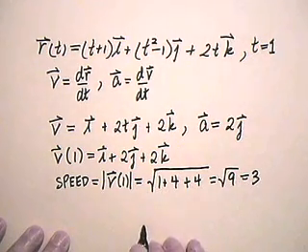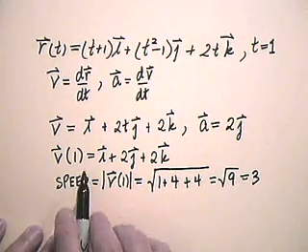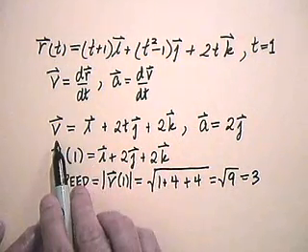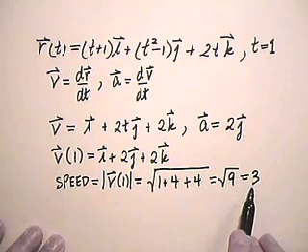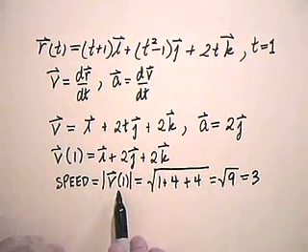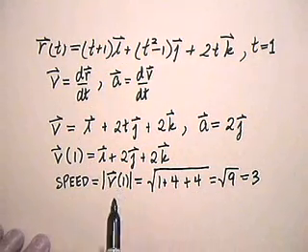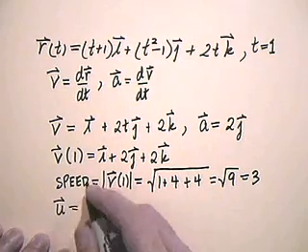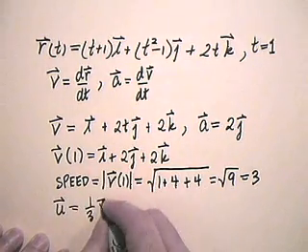There's our speed. How do I get a unit vector which points in the direction of our motion? Well, I simply take the velocity vector and divide by the speed. In other words, when I take the velocity vector and divide by its length, I arrive at a unit vector. So let's call that u. That's equal to 1/3 v.